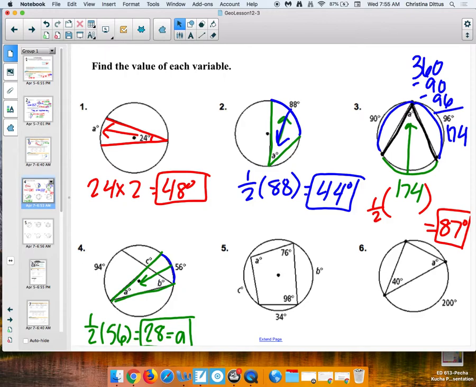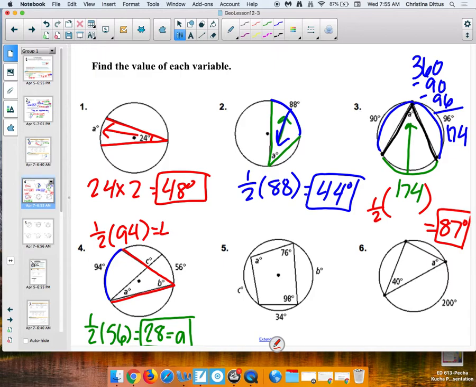To find B, the only other thing labeled here is this 94. Angle B makes up the intercepted arc, so half of that 94 gives me 47, which is angle B.